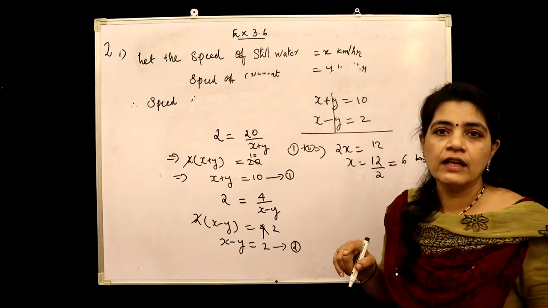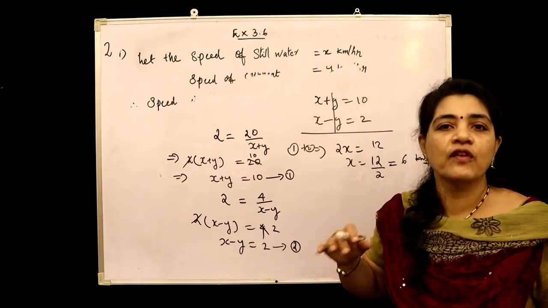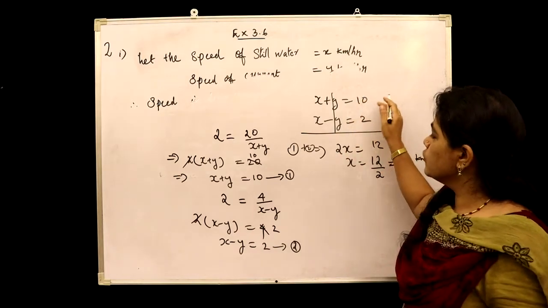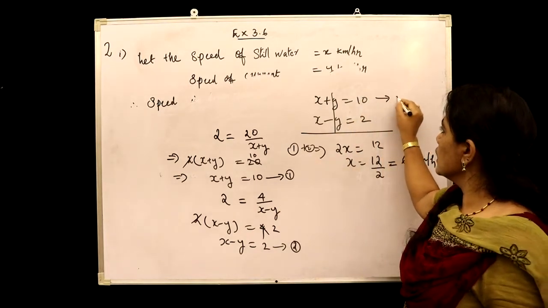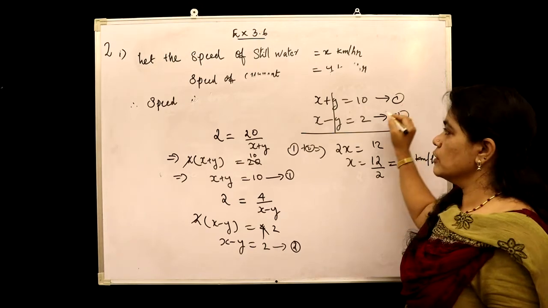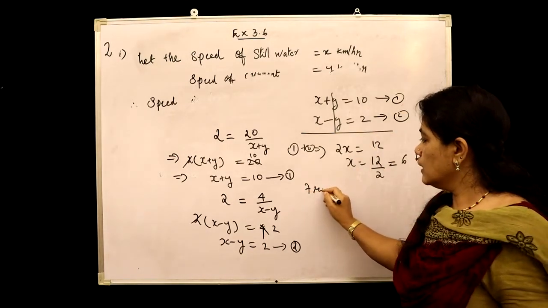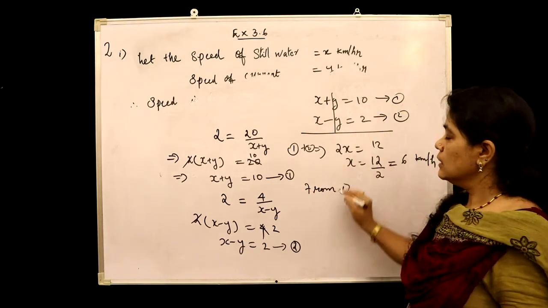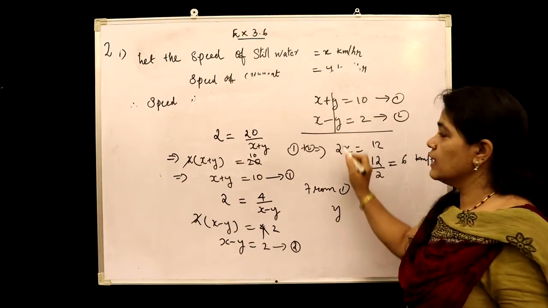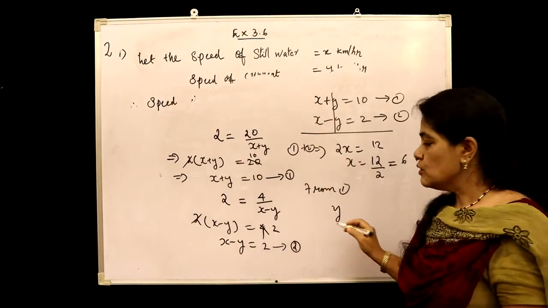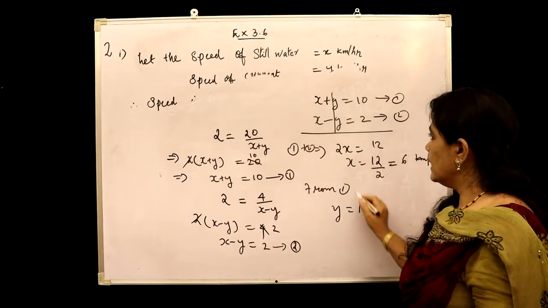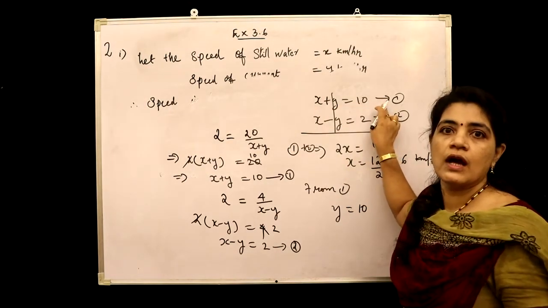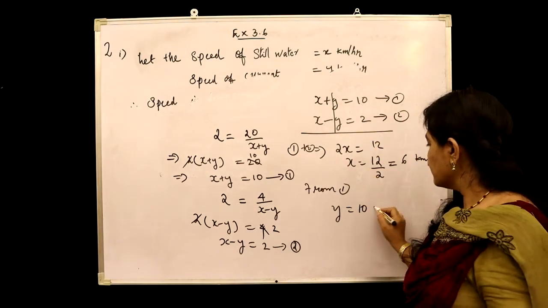And what is the second variable? That is y, the speed of current. So you can substitute from equation 1. We need y, so we can represent this in terms of y. So y is equal to 10, and when this x comes to the RHS, it is minus x.